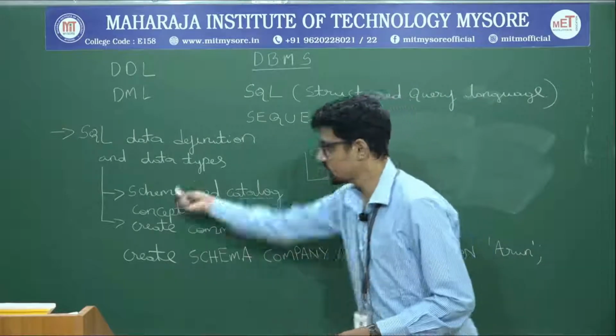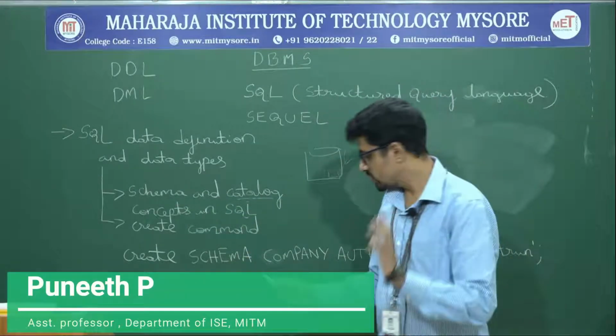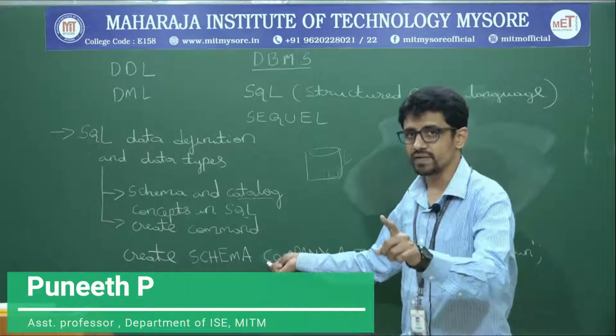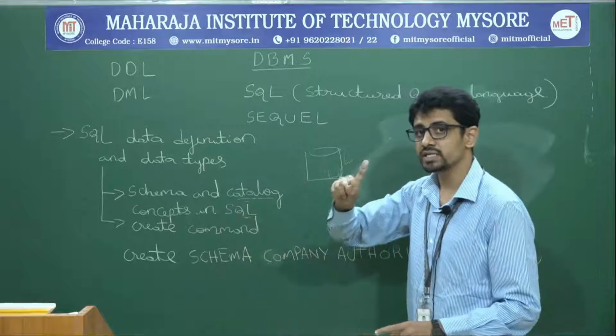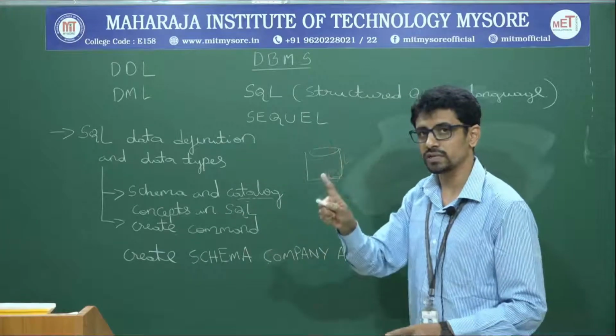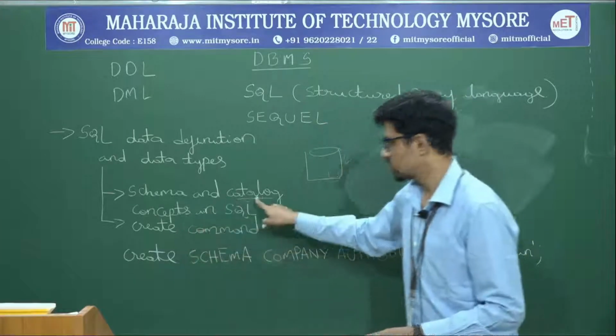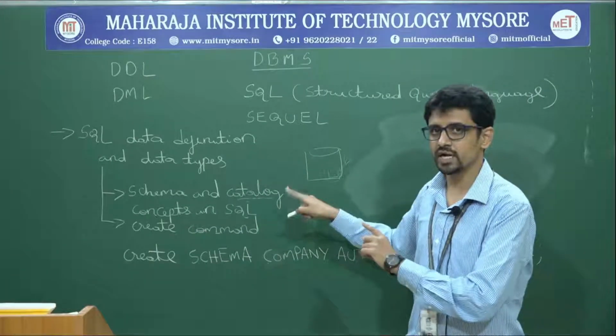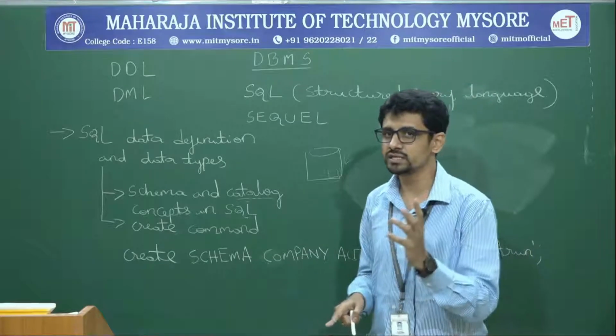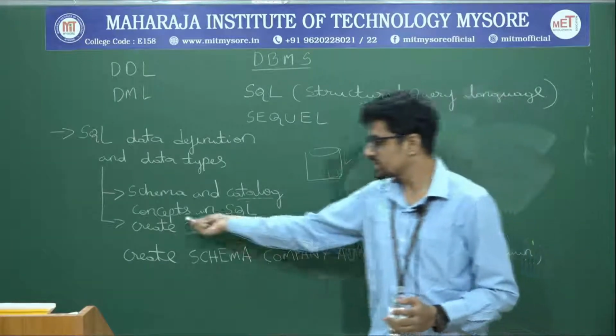Now, what the catalog does with the schema is this: whenever you define your schema, then and there, by using the create command, you define the definition of all the tables, to make use of the catalog. We will see how to define the definitions of each relation using the create command.